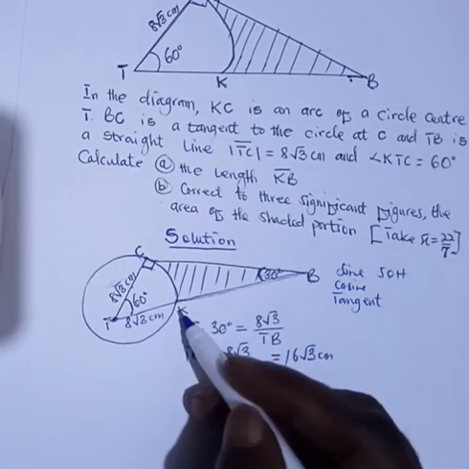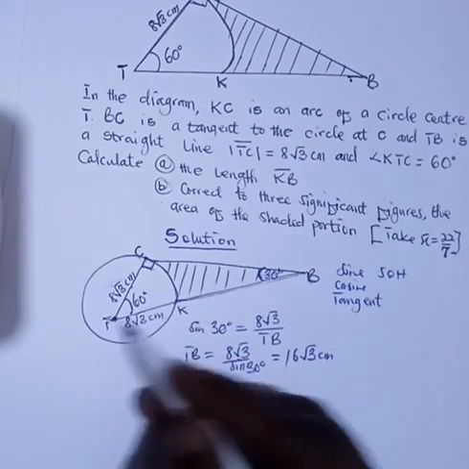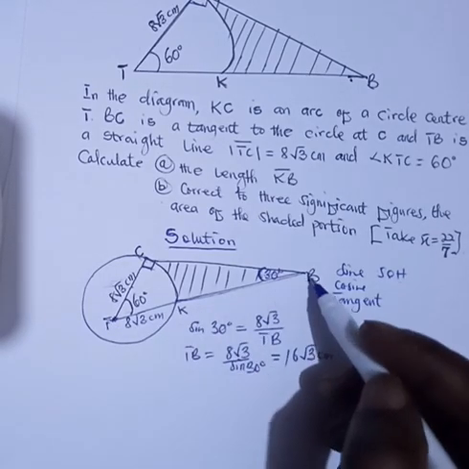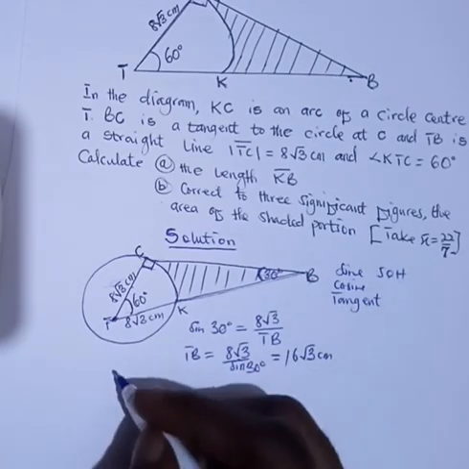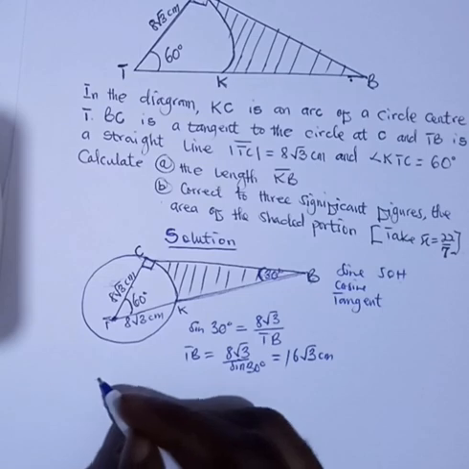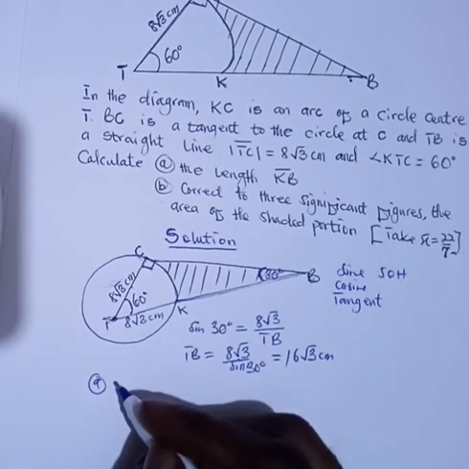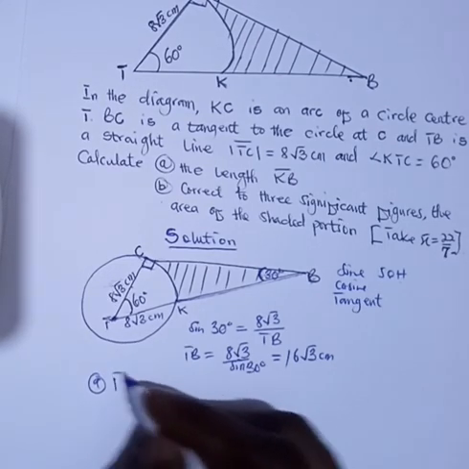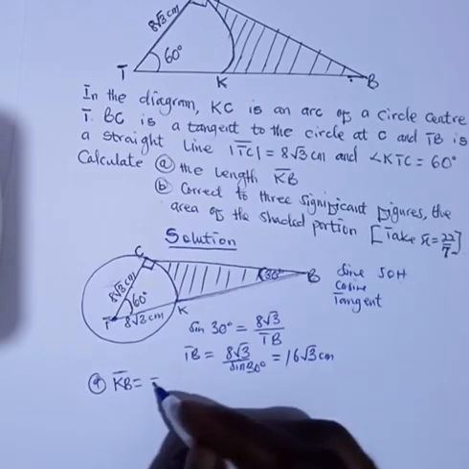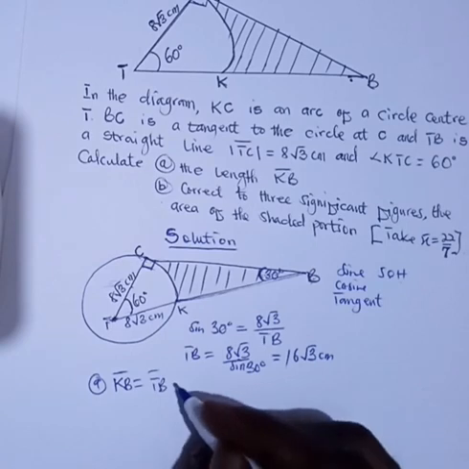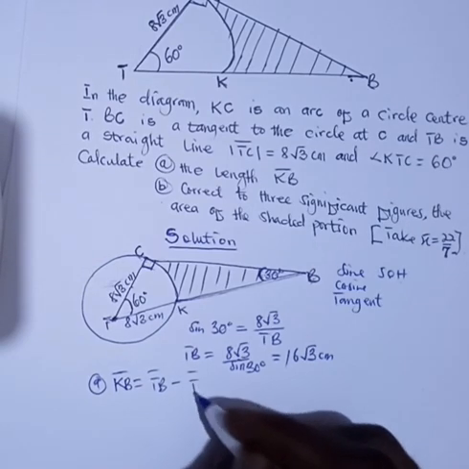So once we are able to find the length of TB, then we can quickly find KB. But how do we find KB? We only have to subtract TK from TB. Have you gotten that? Good. So our first question, which is A, that is line KB is equal to TB minus TK.